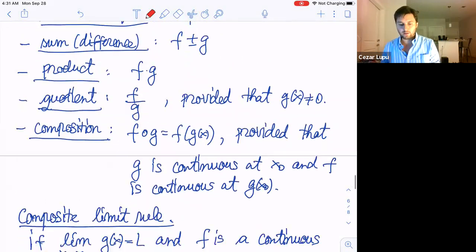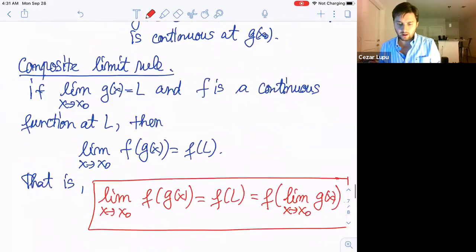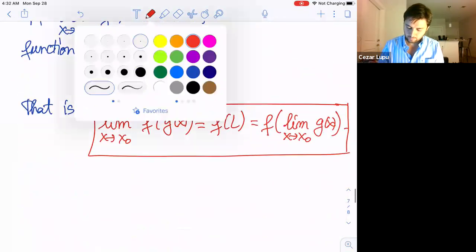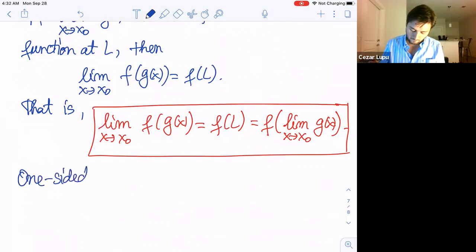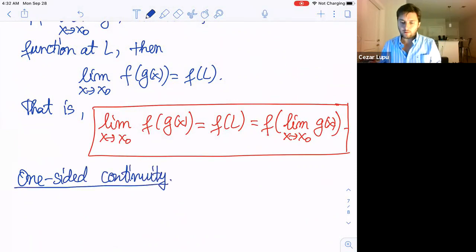And now I would like to talk about one-sided continuity before we do more examples. One-sided continuity. All right.